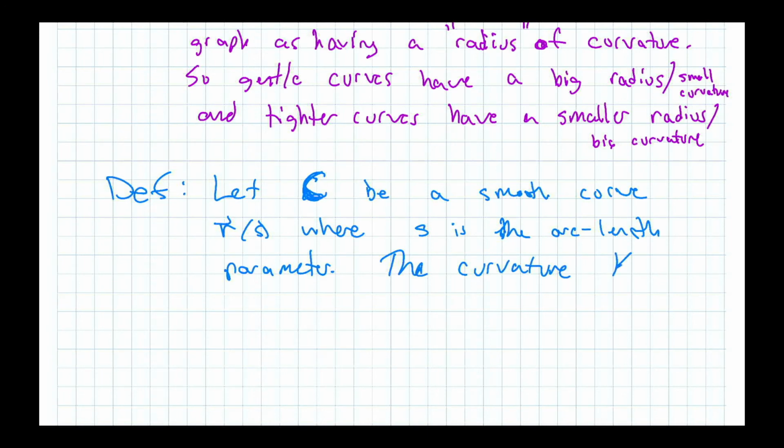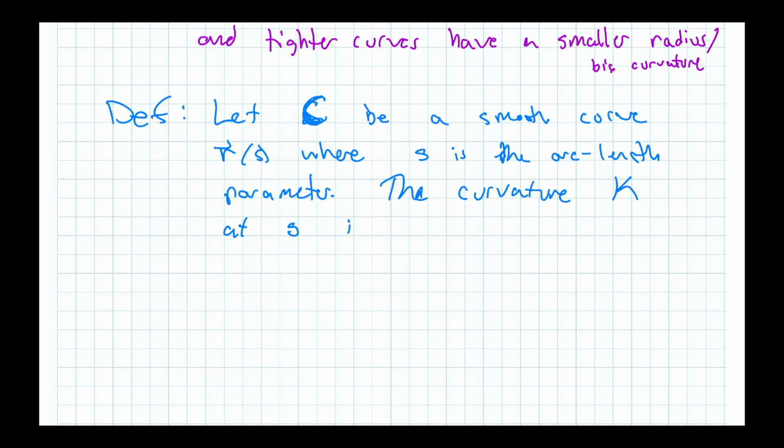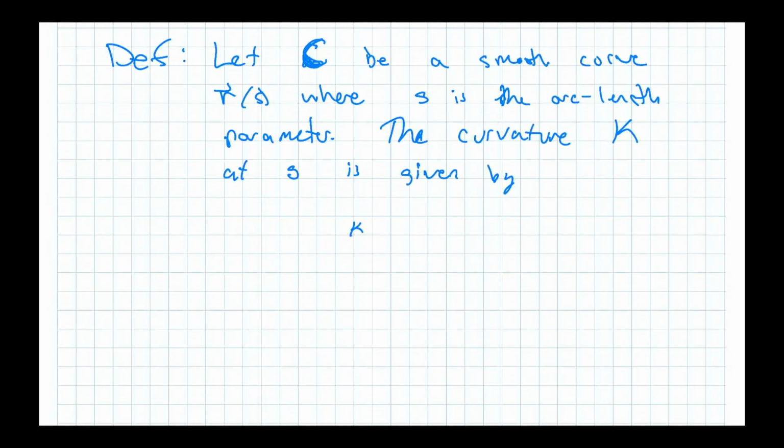They use a kappa, it looks like, at s, given by kappa equals the magnitude of dT over ds, or T prime of s.